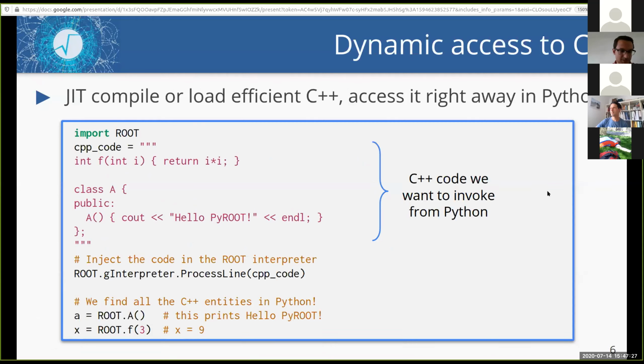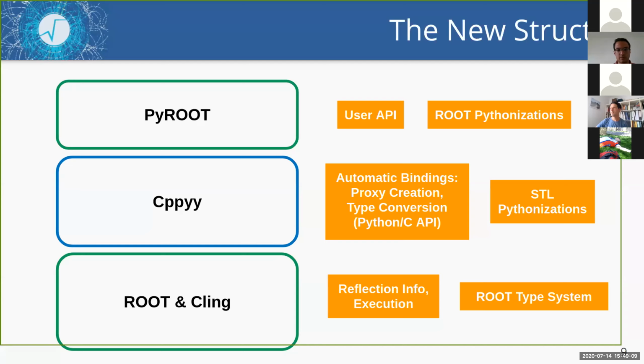That's what CPPYY does. And on top of that, we add our PyROOT layer, which is basically the Pythonizations that we implement for our ROOT classes. And of course, everything rests on top of ROOT and the C++ interpreter Cling, which are the ones that power the automatic bindings. What's the immediate advantage of this new design, of this new structure?